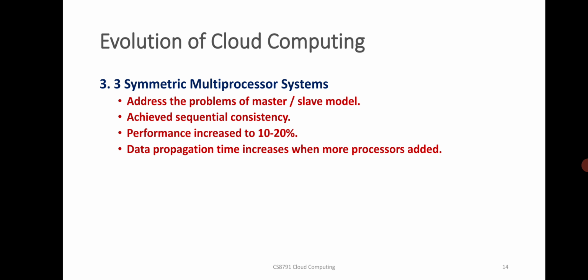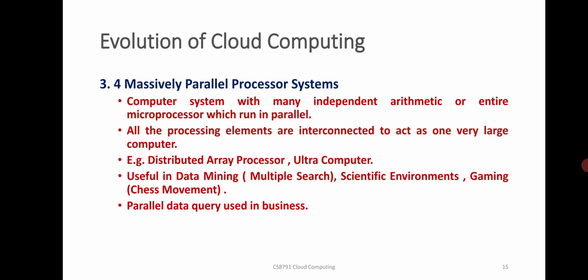Third thing is symmetric multiprocessor systems. Addressed the problems of master-slave model, achieved sequential consistency, performance increased by 10 to 20%. Data propagation time increases when more processors added. And the last thing is massively parallel processor systems.